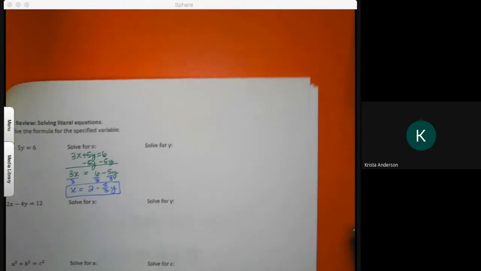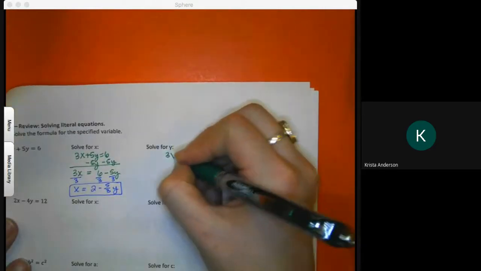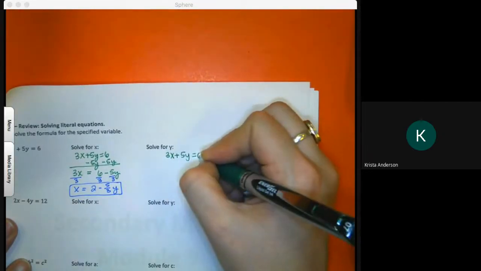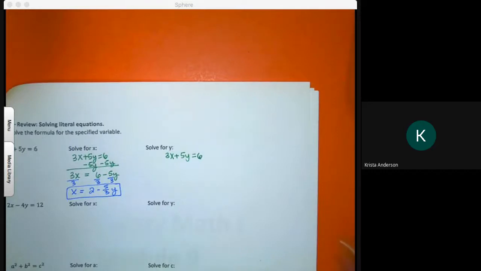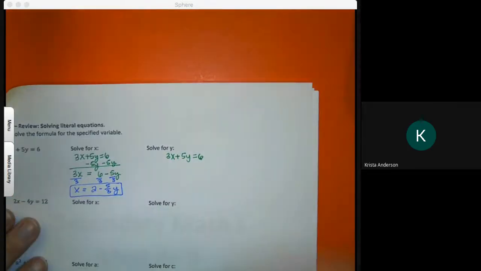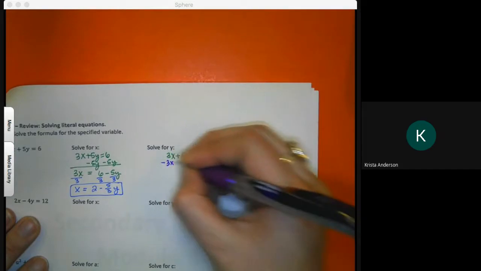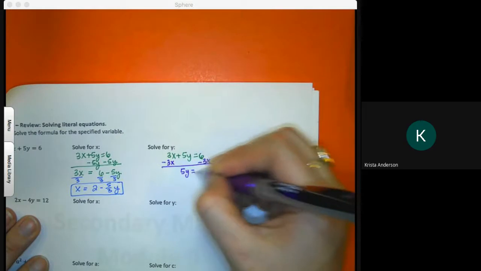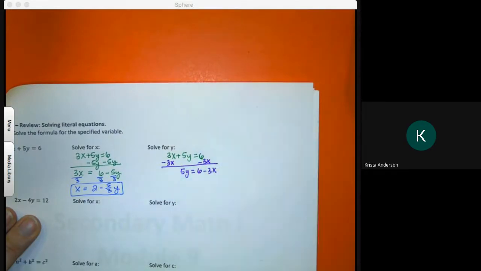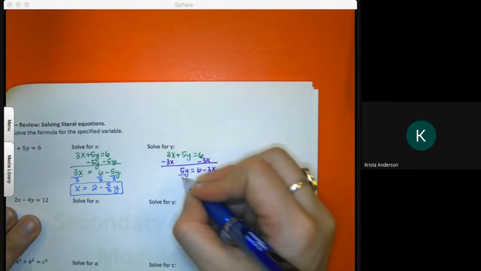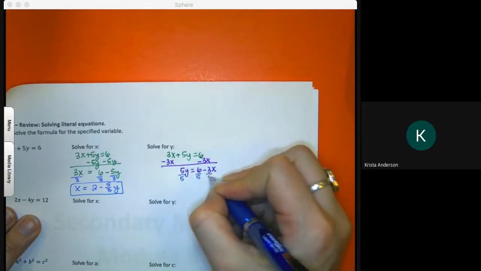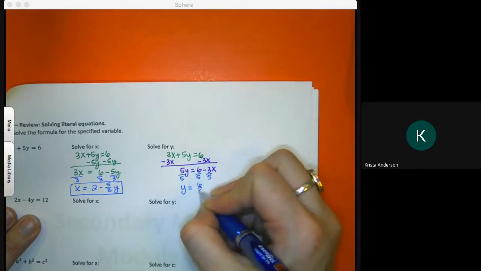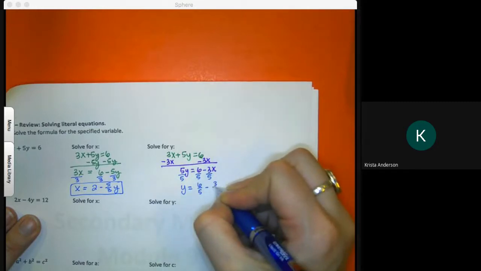If I have the same question, and it wants me to solve for y, that means I need to move the x. So I would minus the 3x. Then I would divide by the 5. 6 divided by 5 won't simplify. 3 divided by 5 won't simplify.